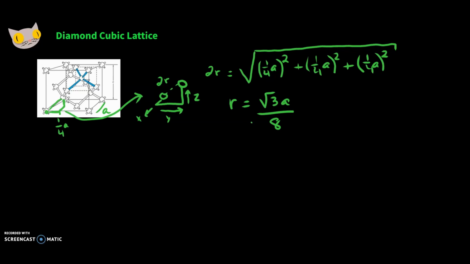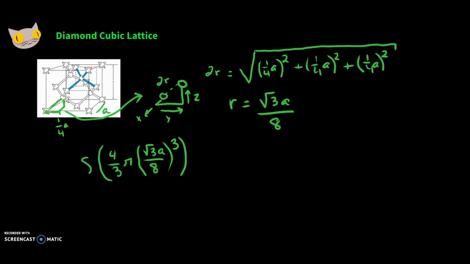Now we have what we need to find the percentage of the space occupied in the unit cell. We have our sphere equation for volume. And for R, we're going to use our value we found before, cubed.